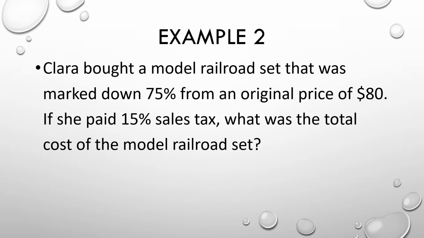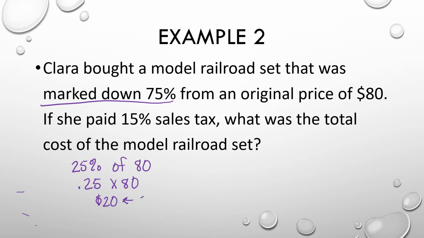Okay, so if they're getting 75% marked down, now you can use the 75 and then subtract that amount from 80, or you can just recognize that if it was marked down 75%, then they're paying for 25% of the original price, which was $80. So 0.25 multiplied by 80 gives you 20. So $20 is your sale price.